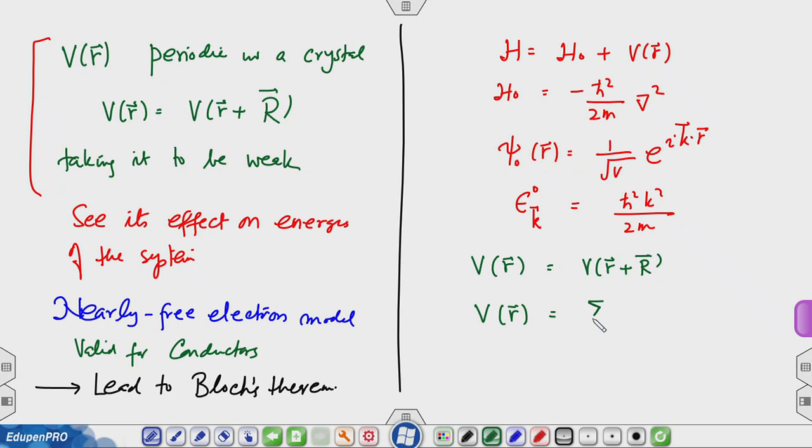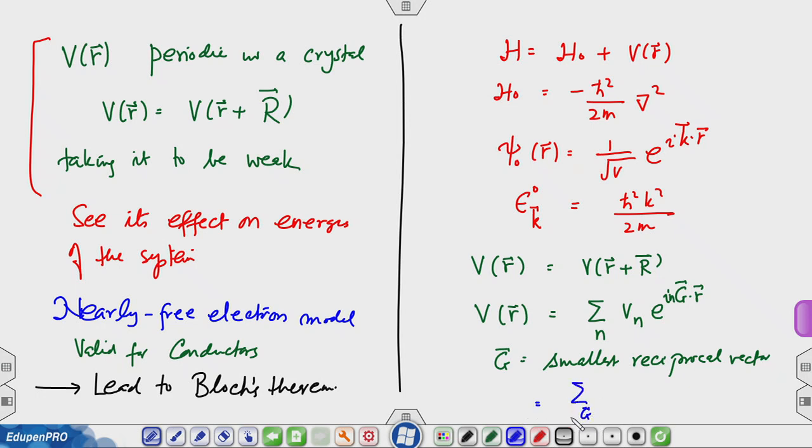So, I can write this as summation over n of V n e raised to i n g dot r, where g is the smallest reciprocal vector, or I can also write this as summation over g n.